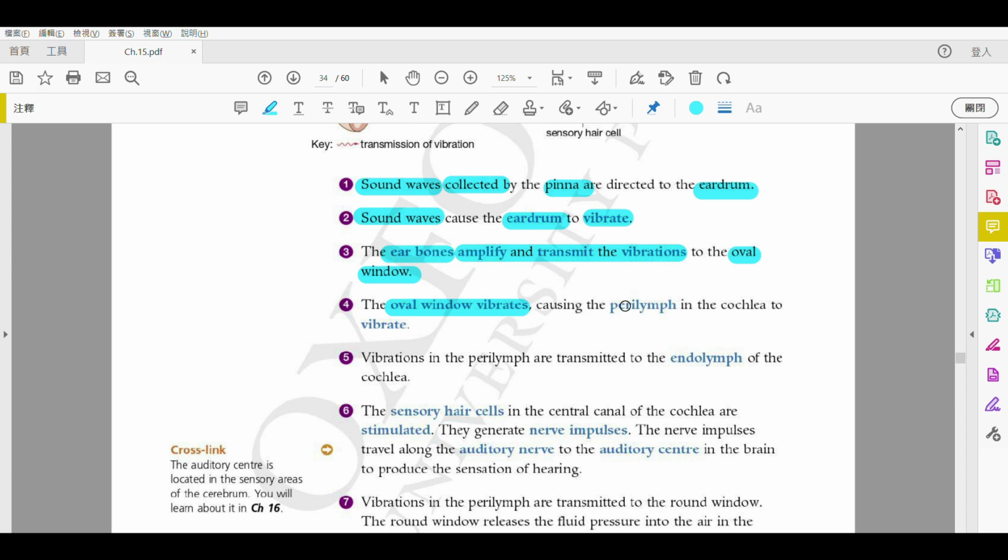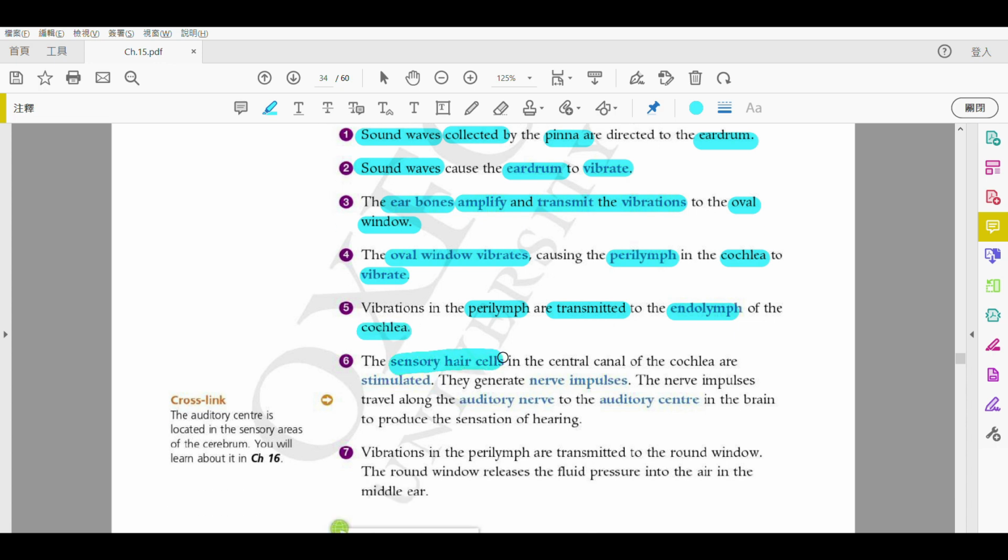Therefore, it will cause the perilymph in the cochlea to vibrate first. And then the vibration in perilymph will be transmitted to the endolymph, getting to the inner region. So from the perilymph to the endolymph of the cochlea. And then the sensory hair cells in the endolymph will be stimulated.